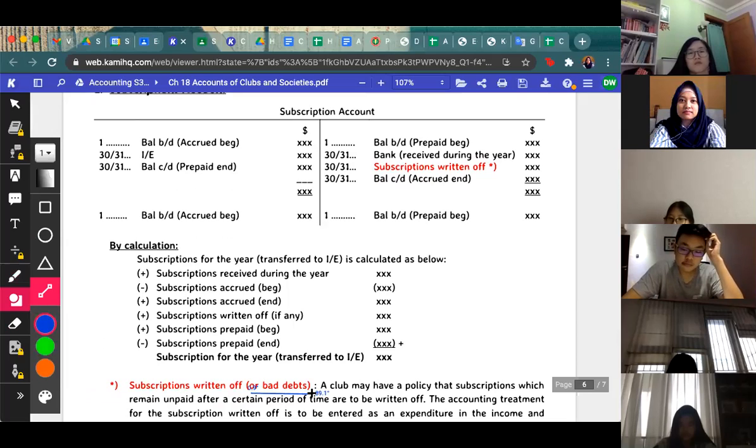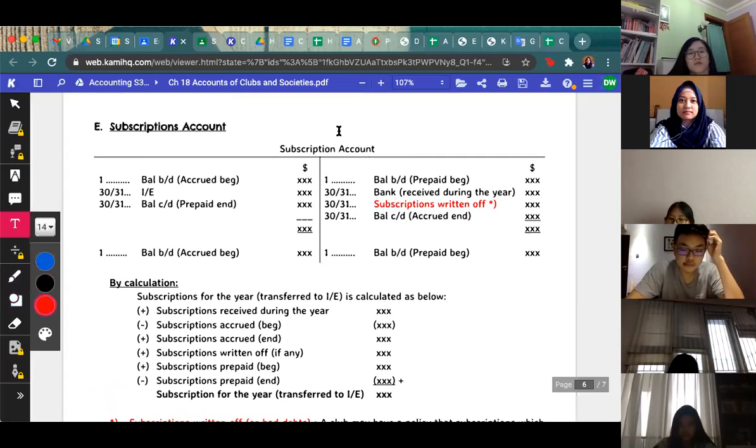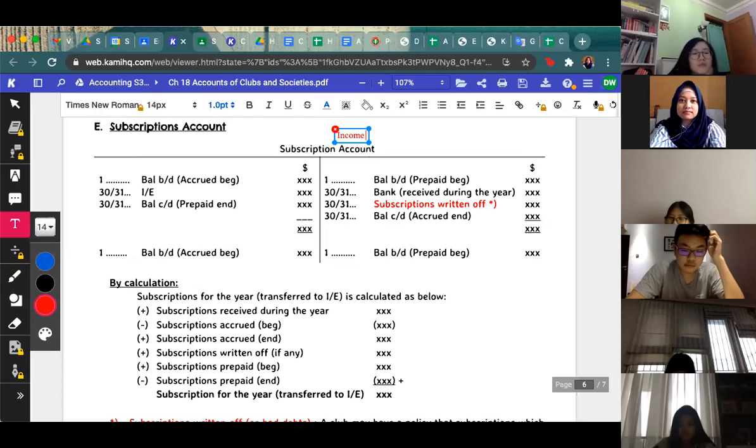Yeah, here. Now, this subscriptions account is actually, you have learned this before, basically an income account. Because subscription is the main income, so you are actually drawing a subscription account as income account.